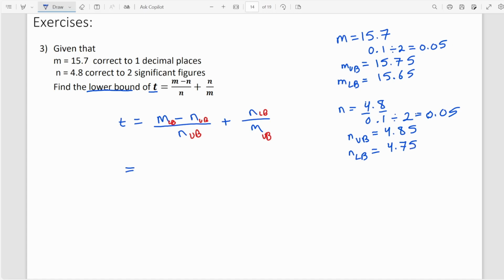Now m lower bound is 15.65 minus n upper bound, which is 4.85, divided by n upper bound, which is 4.85, plus n lower bound, which is 4.75, over m upper bound, which is 15.75, okay? And now you can just go ahead and plug all of those numbers on your calculator.